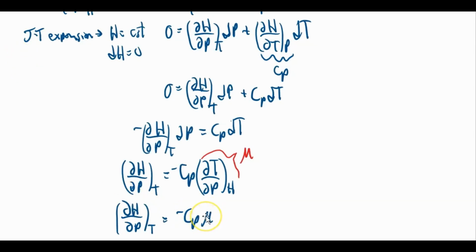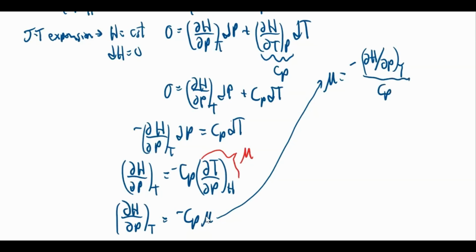And we now have an expression. We can solve for the Joule-Thomson coefficient. It equals negative the partial change in enthalpy with respect to pressure, holding temperature constant, all over Cp.